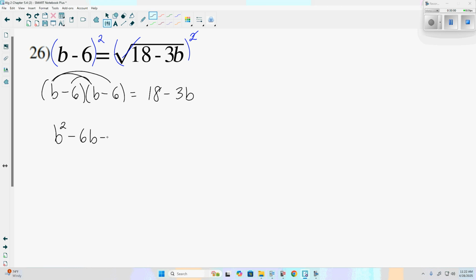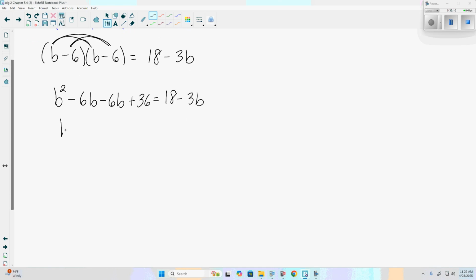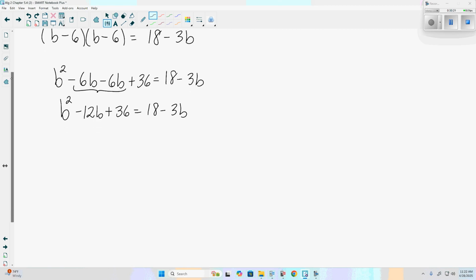Negative 6 times b is negative 6b as well. And negative 6 times negative 6 is going to be plus 36. Negative 6b minus 6b is going to be negative 12b, giving us this here.